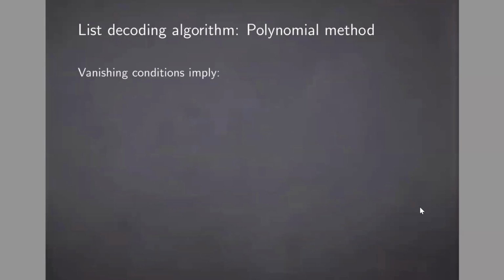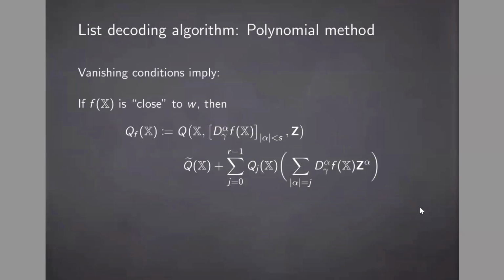Once this happens, what we notice is that the vanishing conditions will imply the following. If there is a correct code word that is close enough to the received word W, that is, the agreement is large enough, then the projected polynomial Qf, which is really defined by substituting the y variables to be the corresponding derivatives of f, the gamma derivatives of f, will have a large number of roots because every vanishing condition gives us a root for the polynomial Qf.